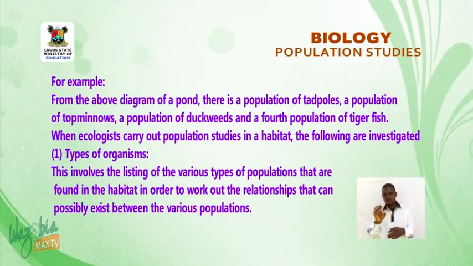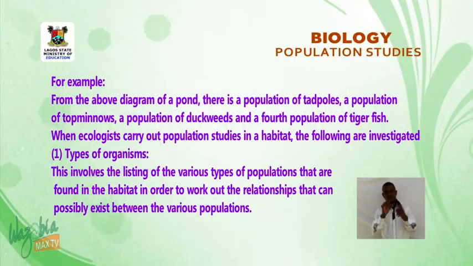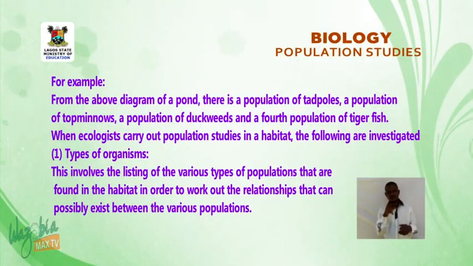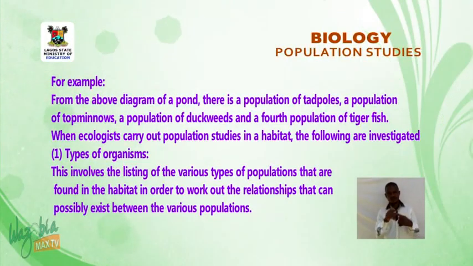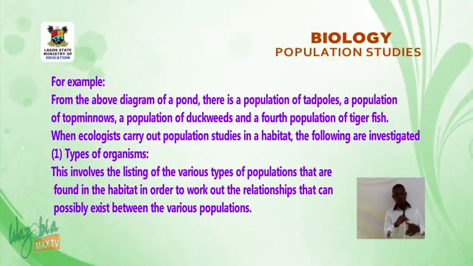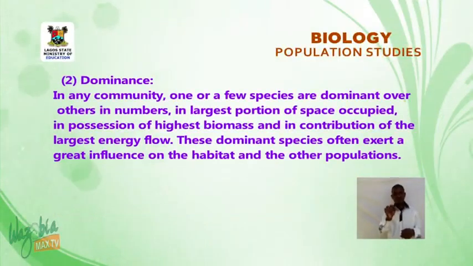When ecologists carry out population studies in a habitat, the following are investigated. 1. Types of organisms. This involves the listing of the various types of populations that are found in the habitat in order to work out the relationships that can possibly exist between the various populations. 2.